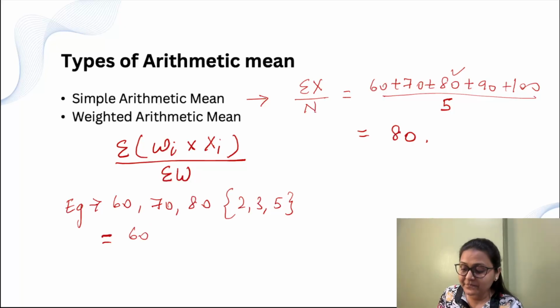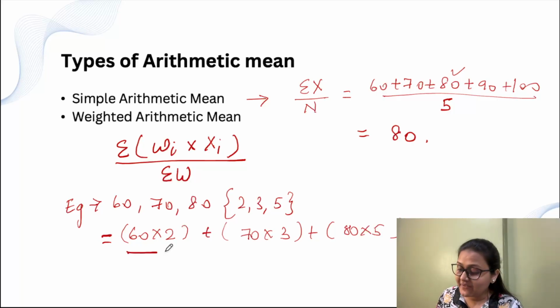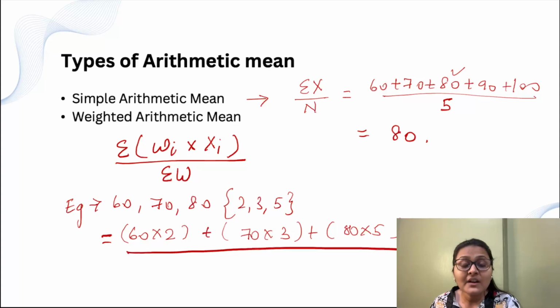Now 60 will be multiplied by 2, then 70 is going to be multiplied by 3, and then 80 is going to be multiplied by 5, divided by the total of these weights. So 5, 6, 7, 8 and 10. So our answer will be 74. Right. So this is weighted arithmetic mean.